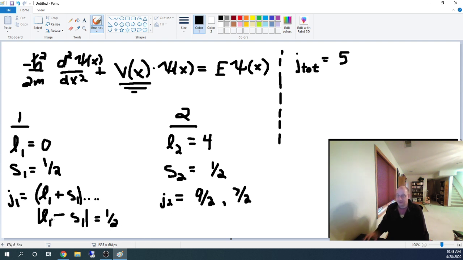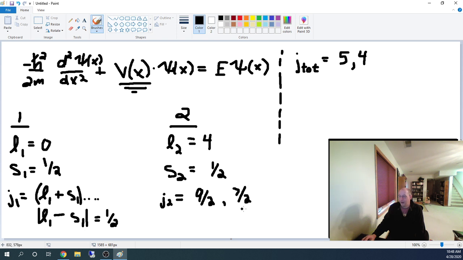Let's look at the lower bound. 1/2 minus 9 halves is negative 8 halves, and we take the absolute value, so it'd be 4. That's the lower bound. It's just 5 and 4. Those are the only 2. So that's when J2 is equal to 9 halves.